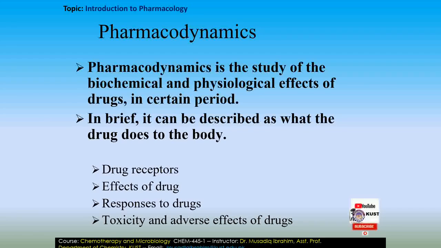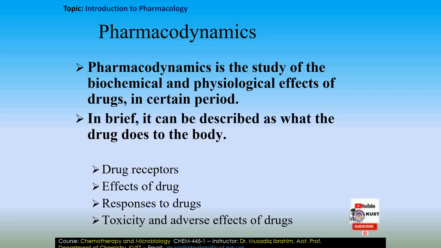And in terms of what the drug is doing to the body, there are drug receptors which attach the drug molecule and then transport the drug to the site of infection. So those are drug receptor interactions, and those receptors are present on the cellular membrane, on the wall of the cell membrane.